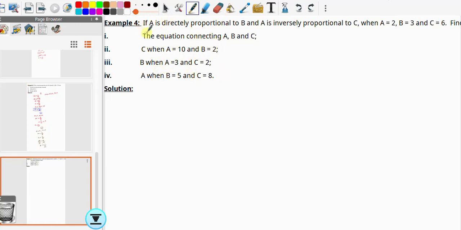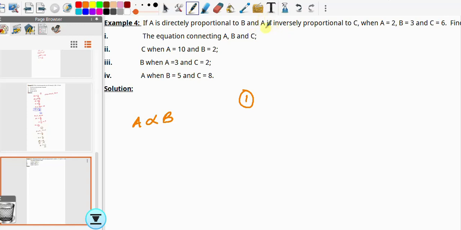But you come to this very place. The first statement says that if A, let's have our Roman figure 1, if A is directly proportional to B, let's come to our proportionality sign. We have A directly proportional to B. This is the first statement from the first sentence.